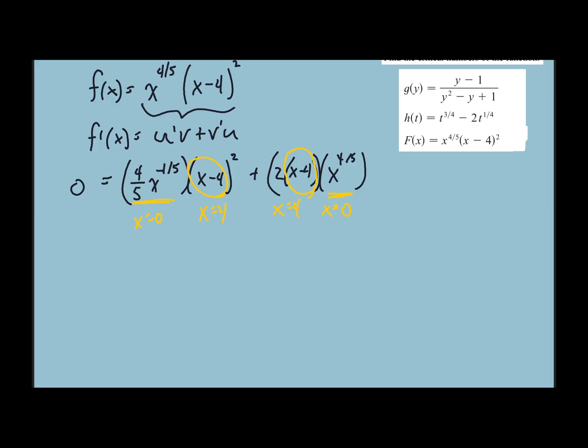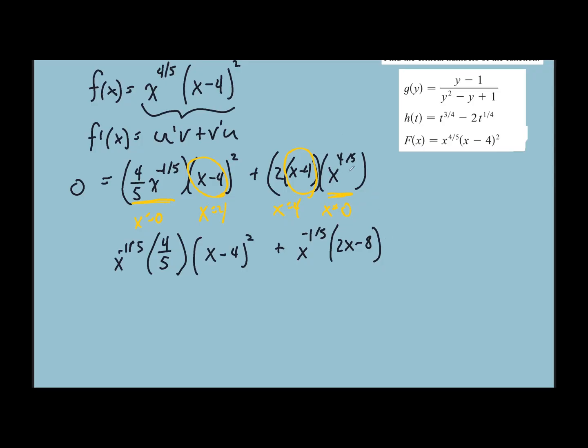So let's take an x to the negative 1/5 out and see what happens. We're exploring new territory here, people. That'd be 4/5, and this is an (x minus 4) squared still, plus x to the negative 1/5 times, I'll just write 2x minus 8 to make that simple.